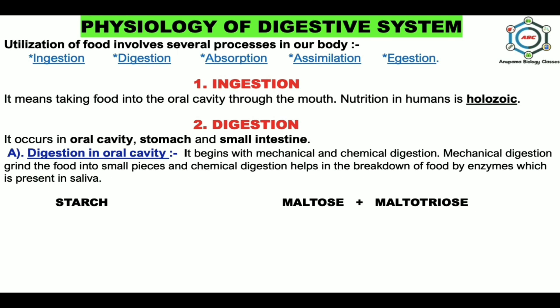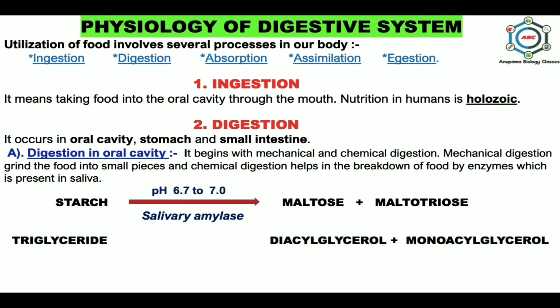So the first one is starch. Starch is converted into maltose and maltotriose with the help of the enzyme salivary amylase, which acts at a pH of 6.7 to 7. And the second is triglycerides, that is fat, which is converted into diacylglycerol and monoacylglycerol at a pH of 4.5 to 5.4.